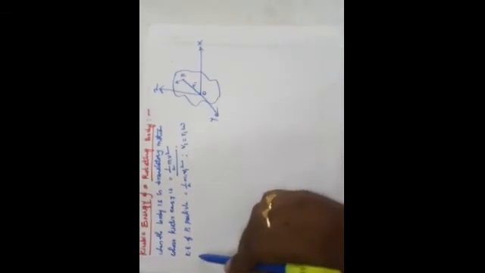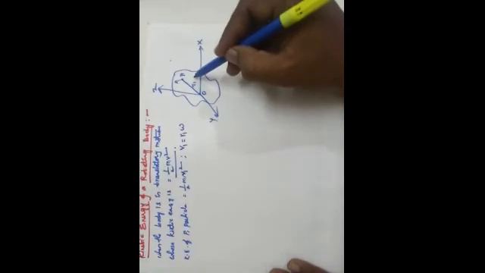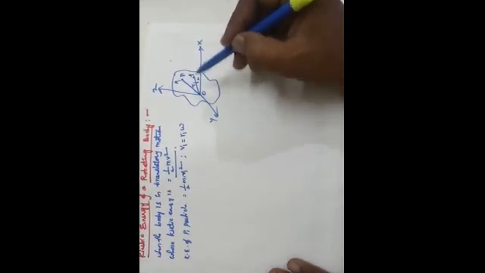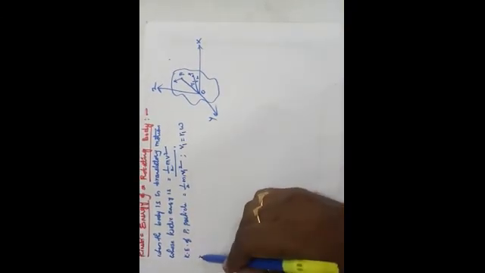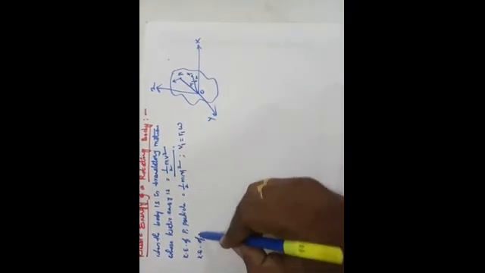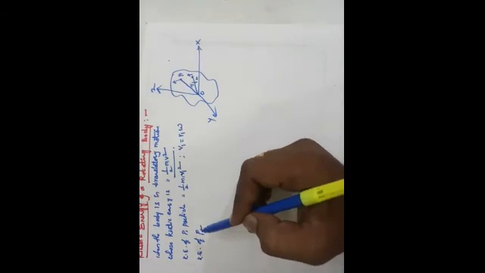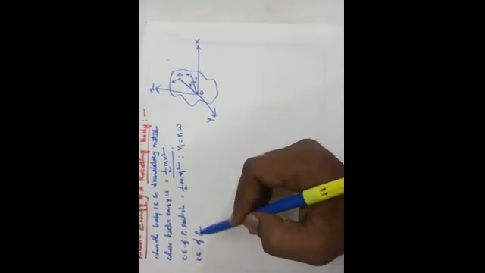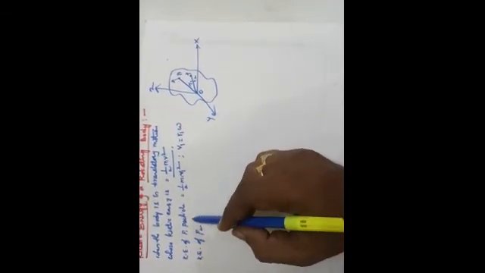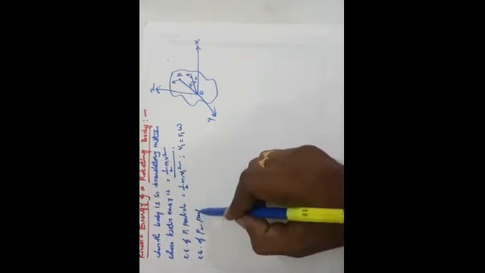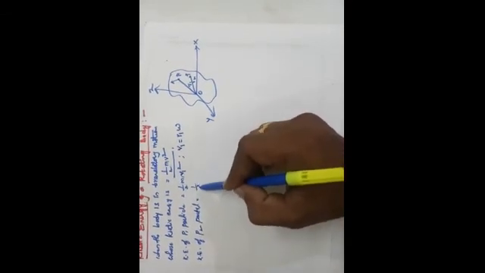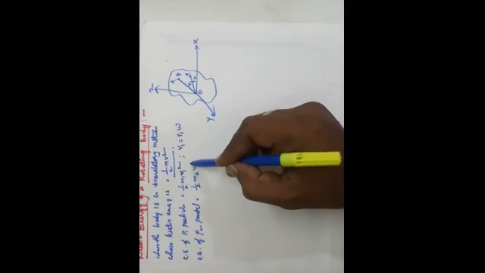Similarly, let us assume one more particle, P2, which is at distance r2 from the origin. The kinetic energy of the P2 particle is half m2 v2 square.